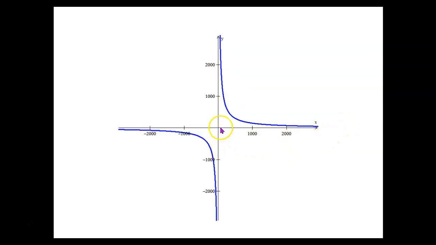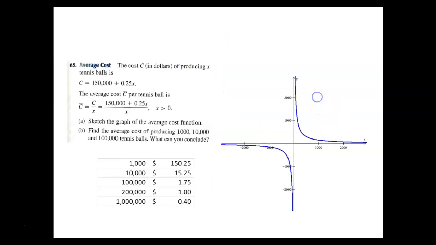That's because if you're not making very many tennis balls, if you're only making a few, the average cost per tennis ball is going to be really, really high. But if you make lots and lots of tennis balls, then the average cost per tennis ball gets a lot lower.